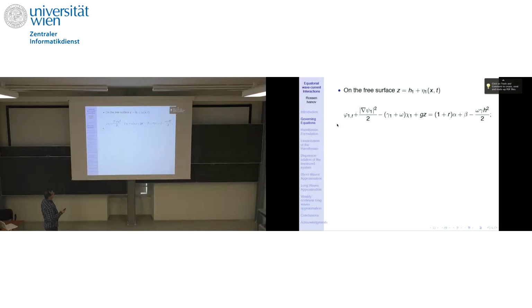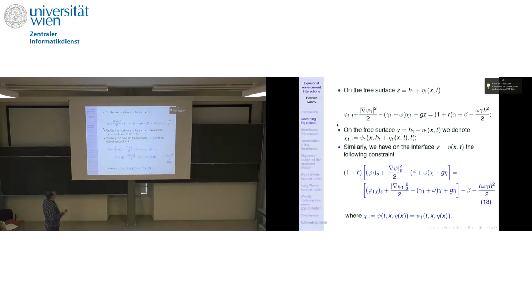This is on the surface, Z is H1 plus eta 1, and chi1 is actually psi on the surface. So here we have another Bernoulli equation where chi is psi at the interface. So these two stream functions are equal here, for continuity.